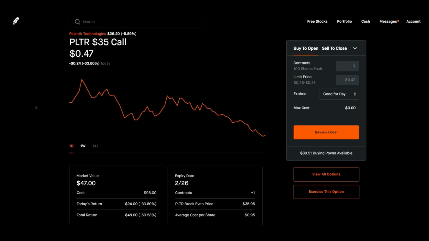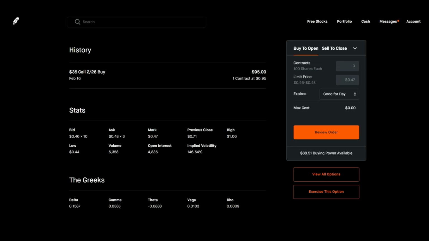I really need that to happen, like I said. And then we can see that my gamma is 0.0388. So that means that when it does go up $1, my delta then is going to be around 0.2. So $20 for every $1 increase.